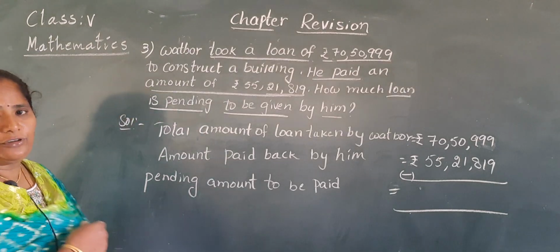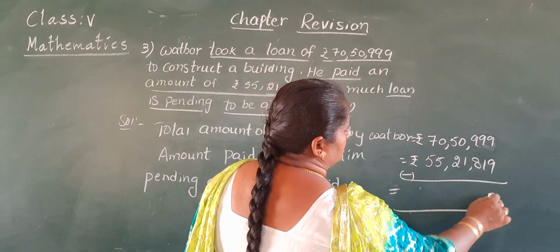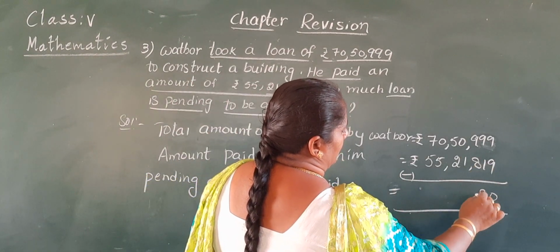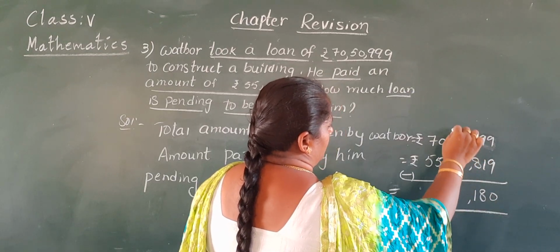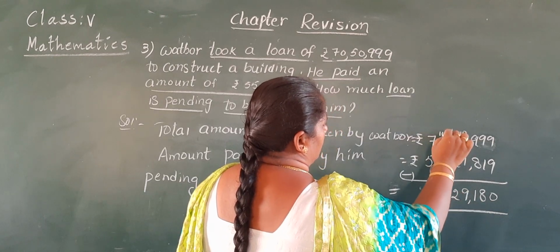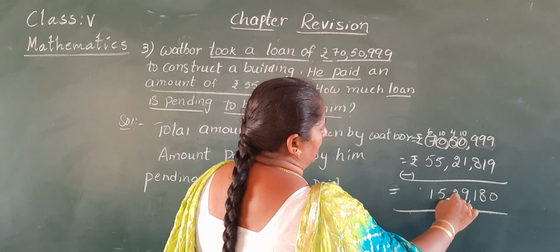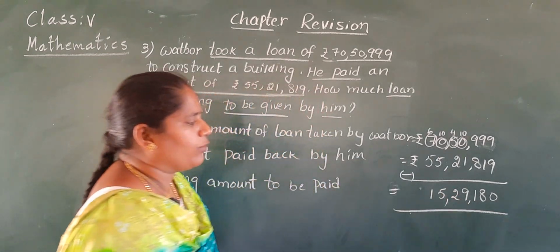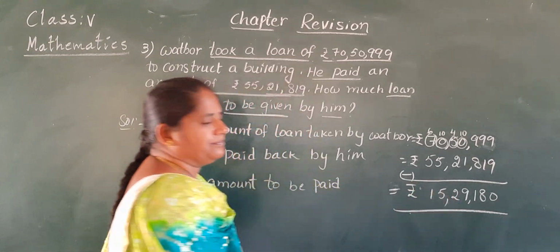So pending amount to be paid is equal to, by doing subtraction, 9 minus 9, 0, 9 minus 1, 8, 9 minus 8, 1. 0 means take borrow, 5 become 4, 2, 0 again take borrow, 7 before 6, 10 minus 5, 5, 6 minus 5, 1. So 15,29,180 rupees still he want to be paid.